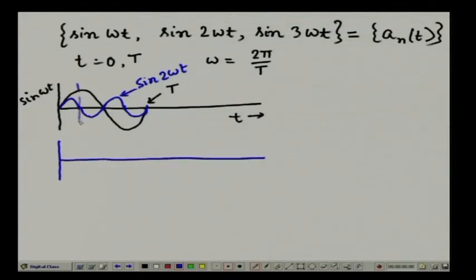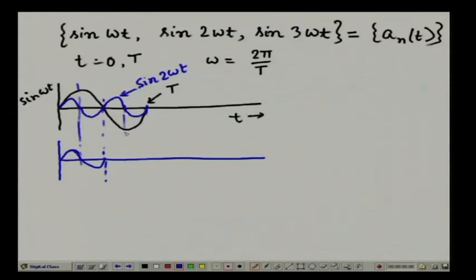You find that in this particular region, both sin(2 omega t) and sin(omega t) are positive, so the product will be of this form. In this region, sin(omega t) is positive but sin(2 omega t) is negative, so the product will be of this form.